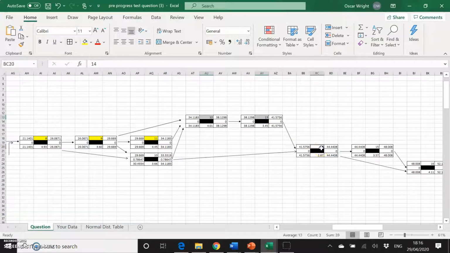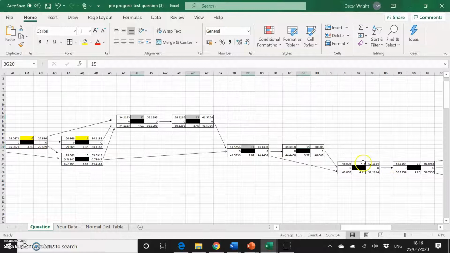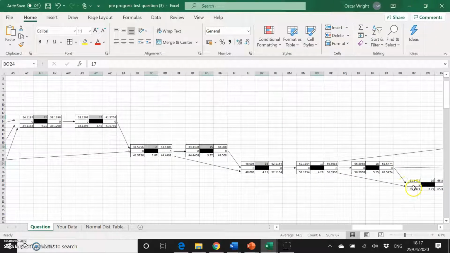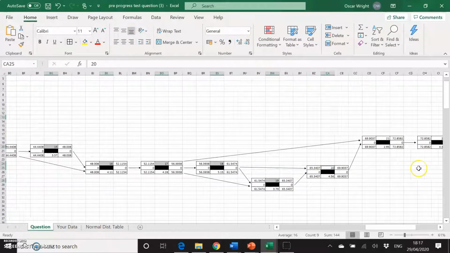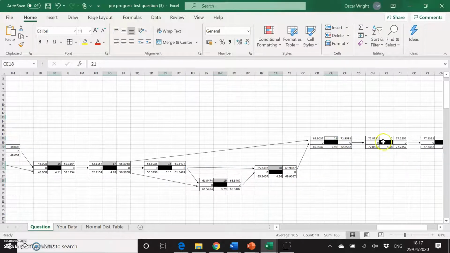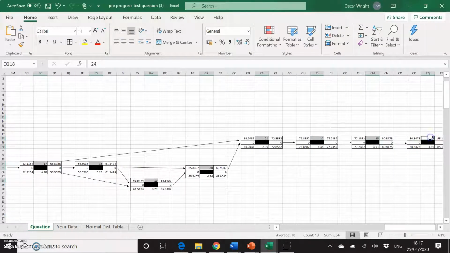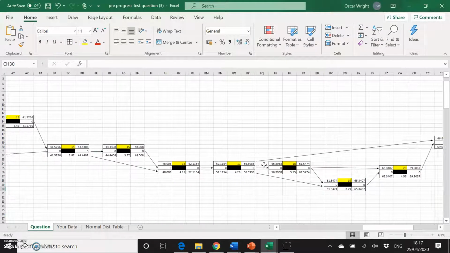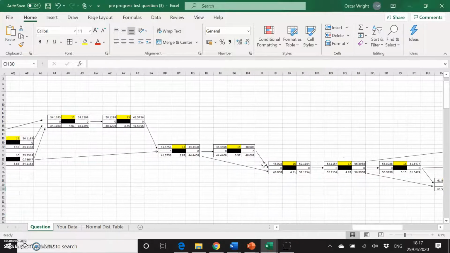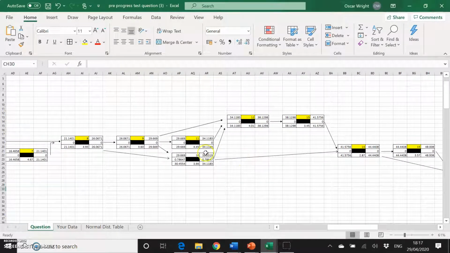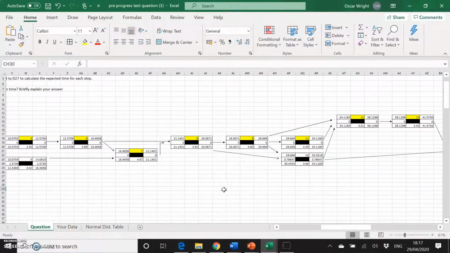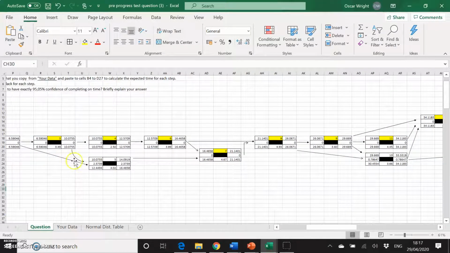Not 13, 14, 15, 16, 17, 18, 19, 20, 21, 22, 23, and 24. So because none of them have any slack, they all get a yellow highlight, and they also complete our critical path. So actually the only two steps that are not involved in the critical path are steps 10 and 5.